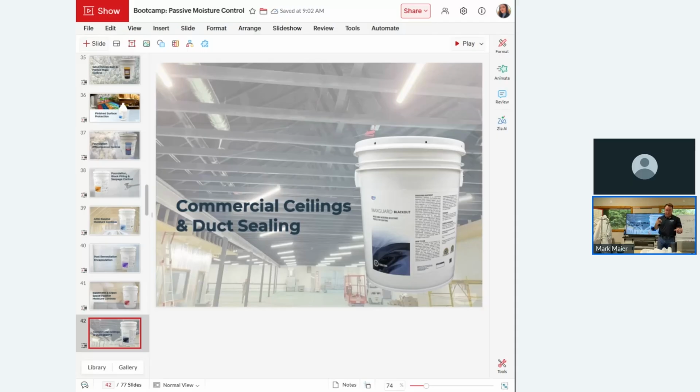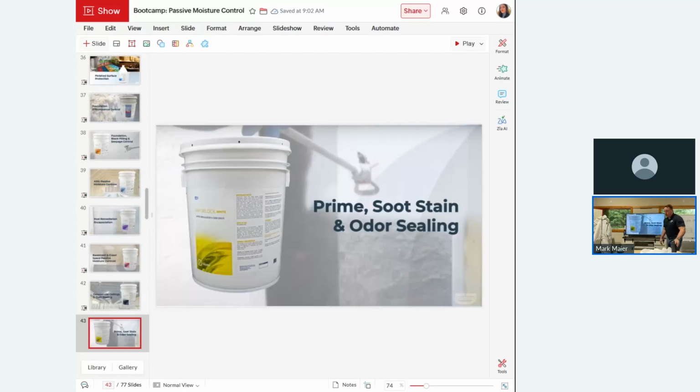So if you need something that's going to resist condensation where the air is warmer and more moist, like high up areas that are 12, 15, 20, 30 feet, and warm air rises and creates condensation, then MaxGuard Blackout is probably the product that you're looking for. Next one.